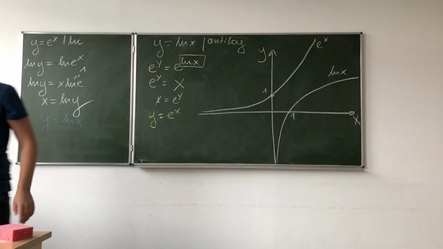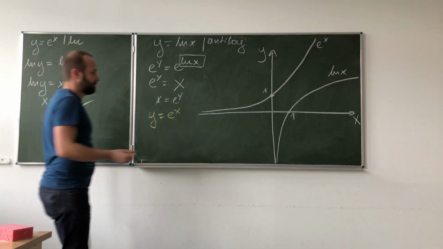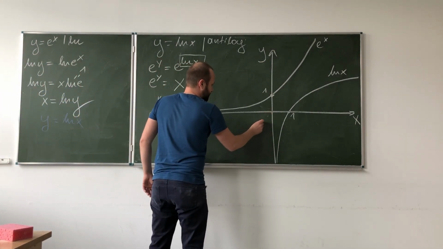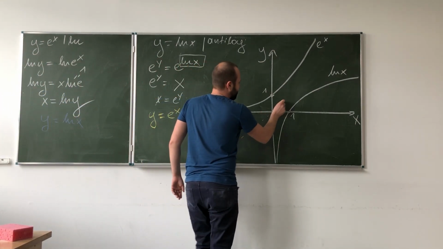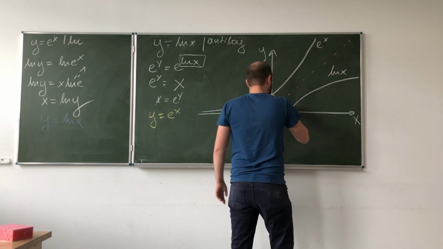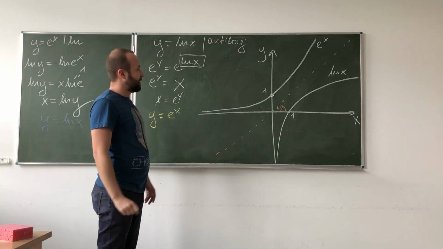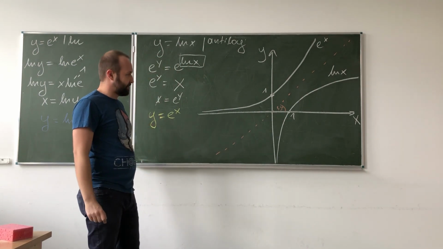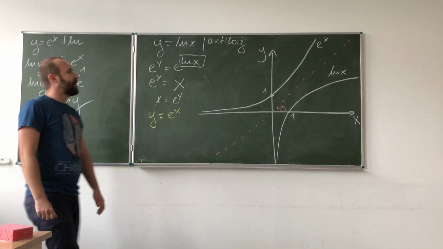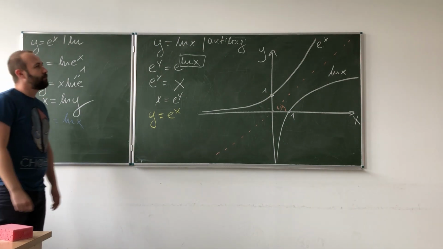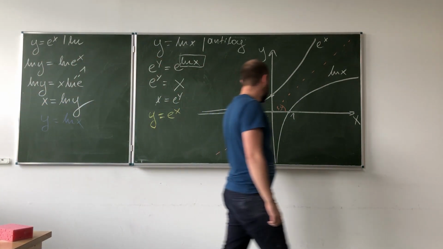If you think about it, if I would draw a 45-degree line going through the origin, what would I get? A mirror, the axis of symmetry. As it turns out, those two functions are reciprocals of one another.